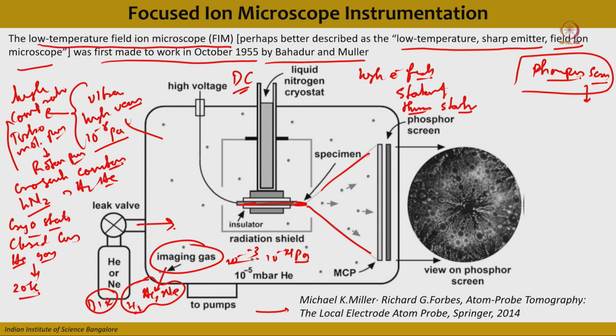Also, the problem is that these field ion images are extremely dim, because the imaging gases release very few photons per ion. So previously only phosphor screens were used.